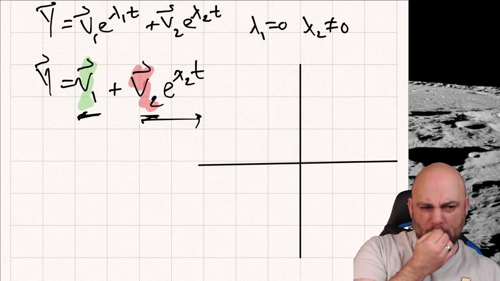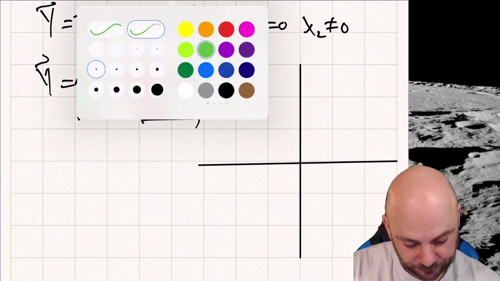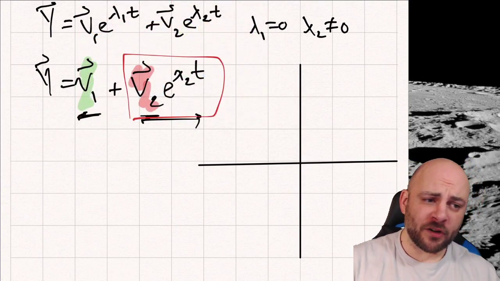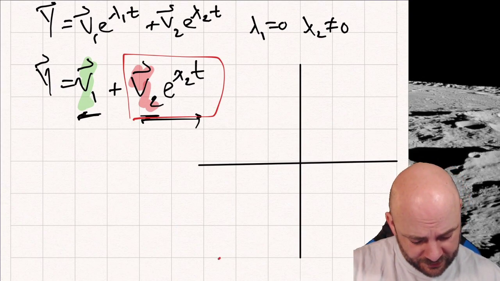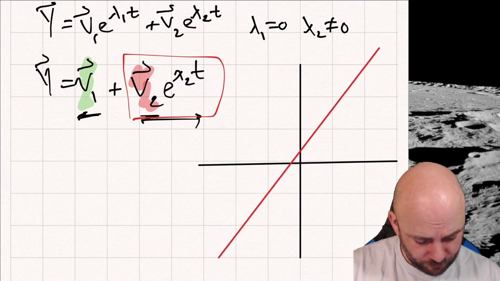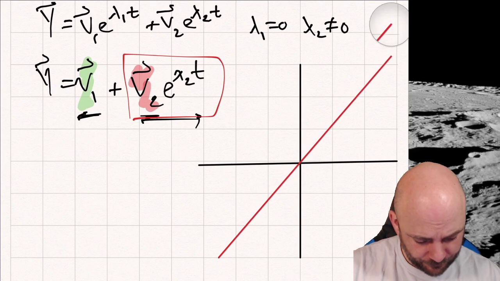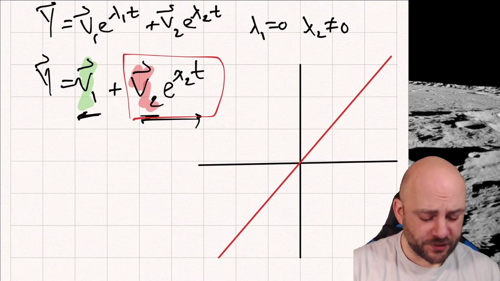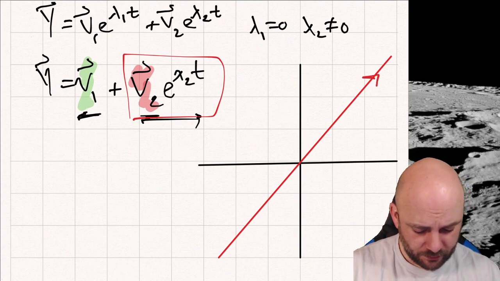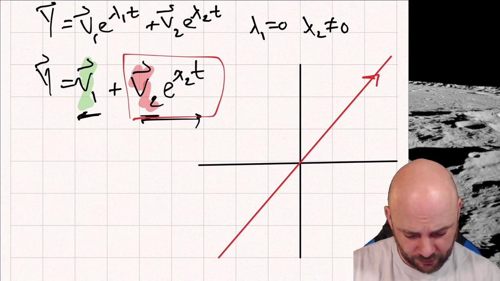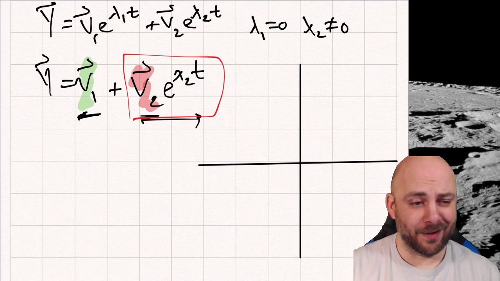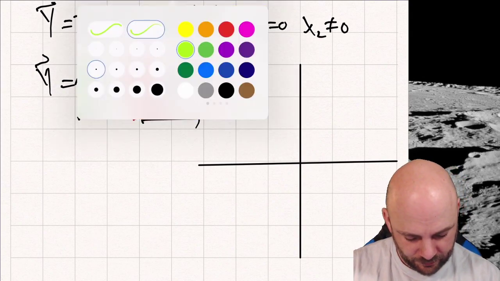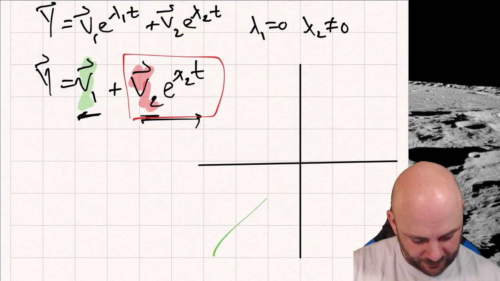This is the easiest thing to draw, because we can go ahead, just like we've always done, and say there's a direction along which I move according to lambda 2. Let's just suppose it's positive, just for grinsies. Actually, no, this is not what I want to do at all. I want the green one first.